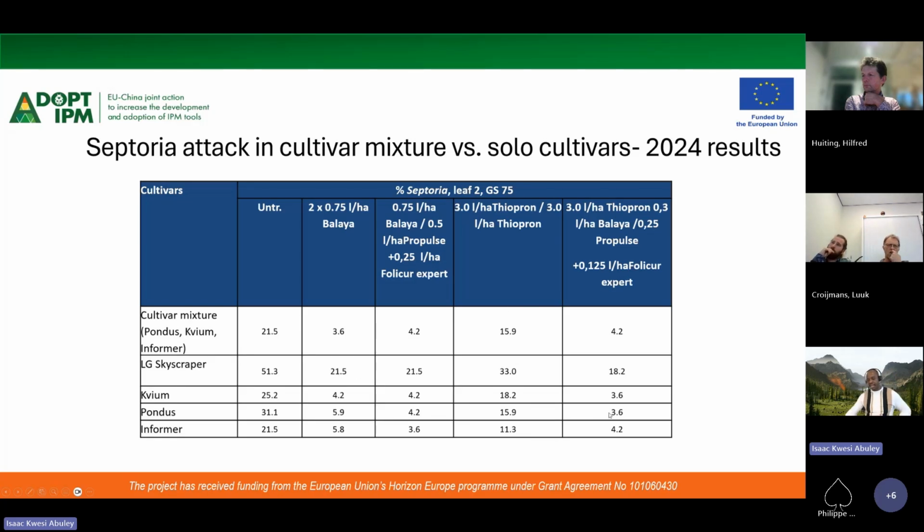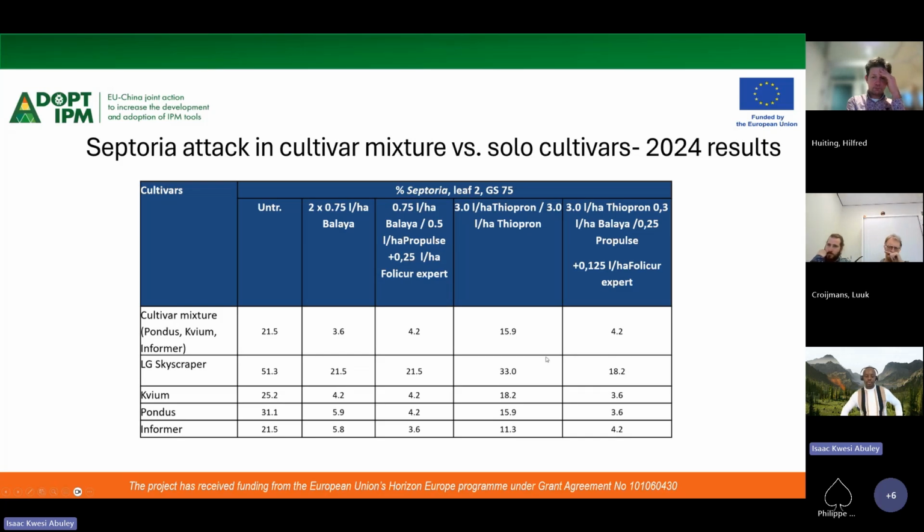When we alternate the thioprone, the sulfur product, with a fungicide, we see a similar tendency. We see that mixtures generally also reduce the disease. In this case, it was the same as Informa, but a bit higher than Quium, but the difference was not significant.